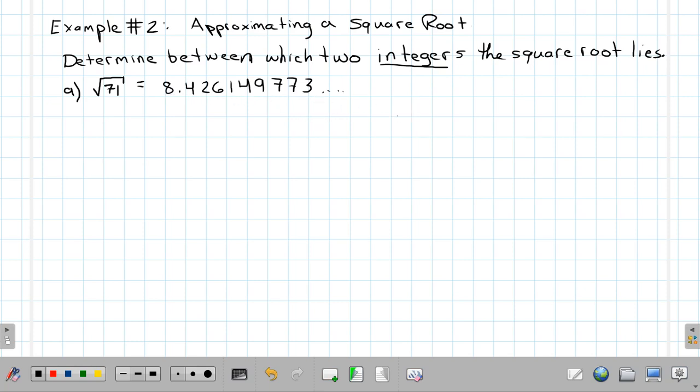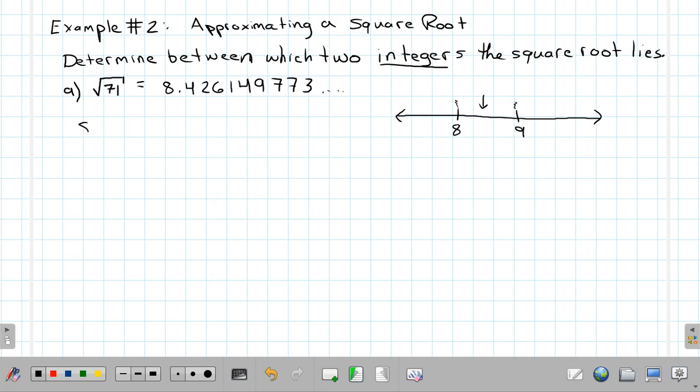So if we look at a number line, think about where the numbers 8 and 9 are. If we had the number 8.4, that means we would be bigger than 8. So this number is bigger than 8, but it is less than 9. So the number's somewhere in between here.